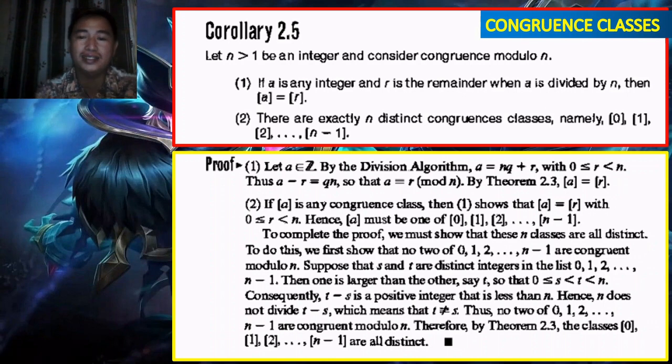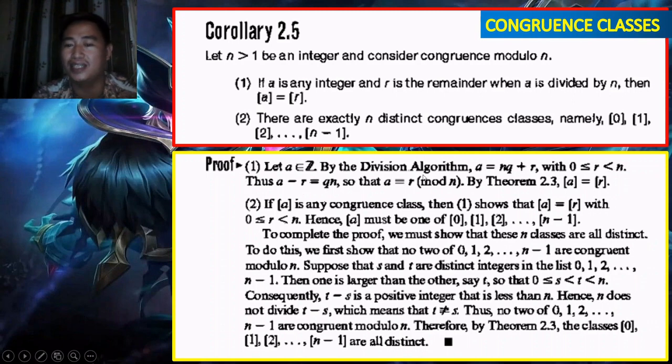Thus, transferring r, a minus r equals qn. So n divides a minus r, which means a is congruent to r mod n.